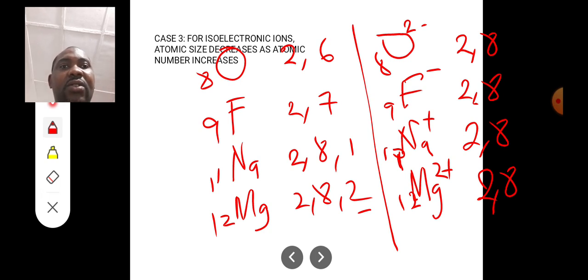So that means the oxygen ion is greater in size than the fluoride ion. The fluoride ion is greater in size than the sodium ion. The sodium ion is greater in size than the magnesium ion. As the atomic number is increasing, the atomic size is reducing for isoelectronic ions. I want to believe that you understand this. So we'll move to the next one.